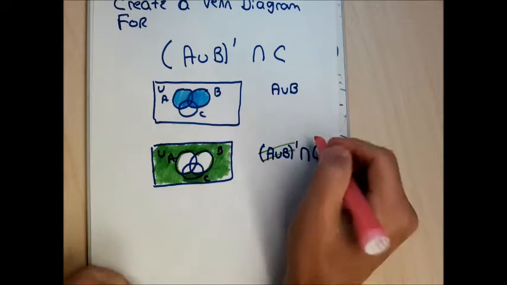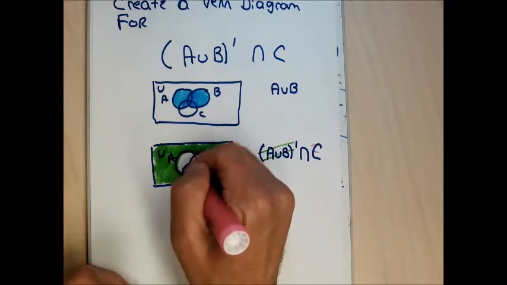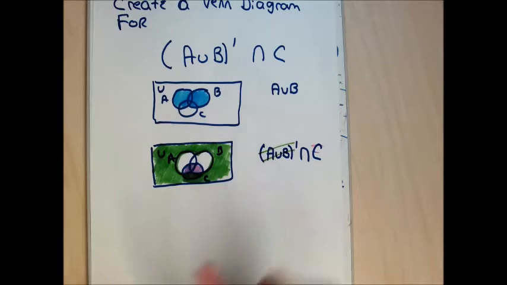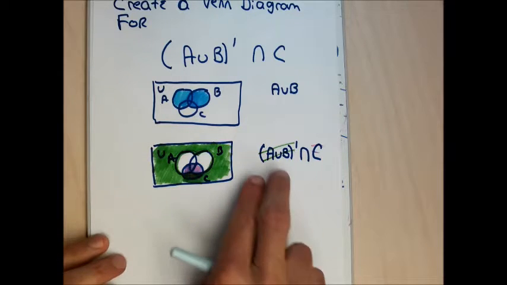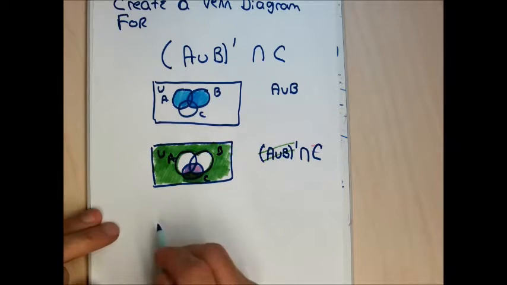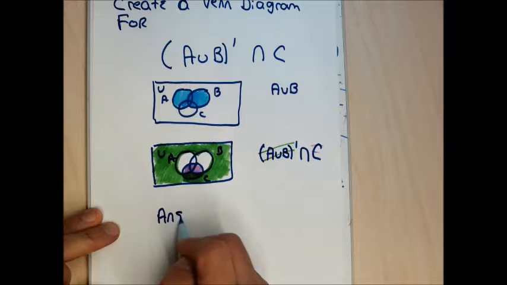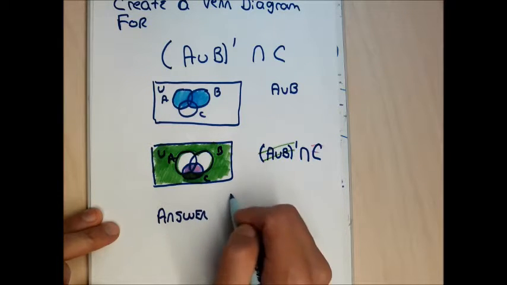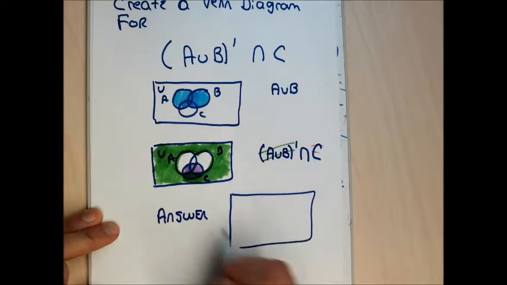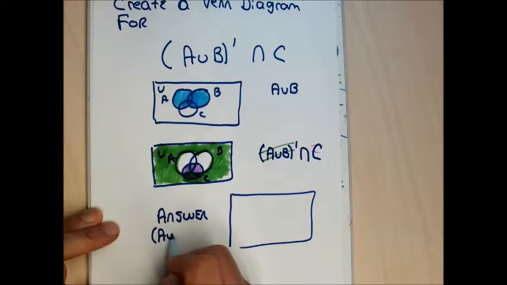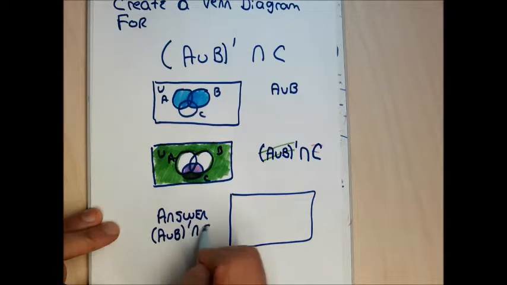I'm going to represent in pink the region for C. And my answer to what A union B complement intersection C would be is any region that has both the green and the pink shading. So my answer to this problem, what does the region A union B complement intersection C look like?